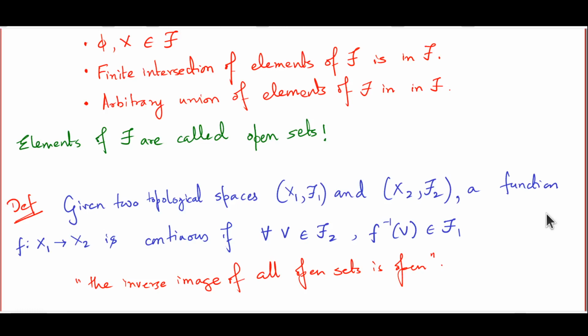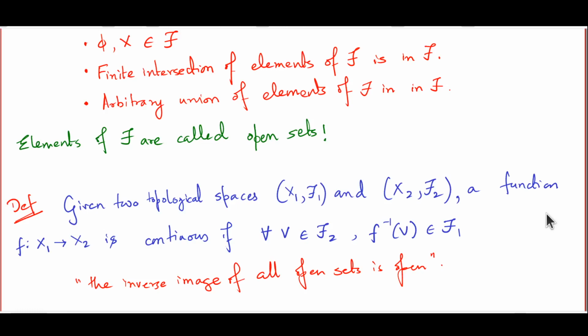Note that this is a statement which can no longer be proven in the general topological context. Because in the general topological context, this is exactly what we define continuity to be. There is no other definition from which we can derive this. Of course, the reason why we define continuity in this way is that this is an obvious generalization of the result that we had proven for metric spaces.